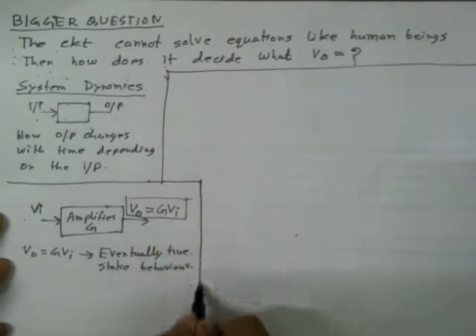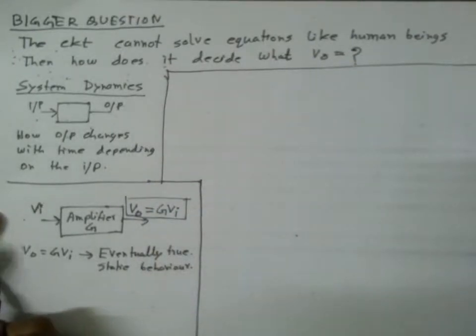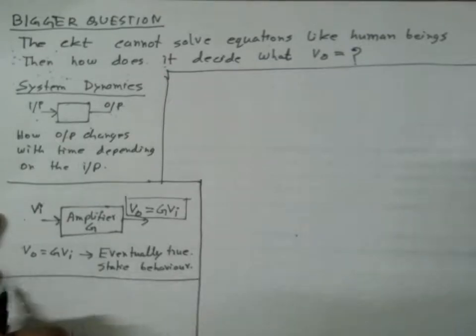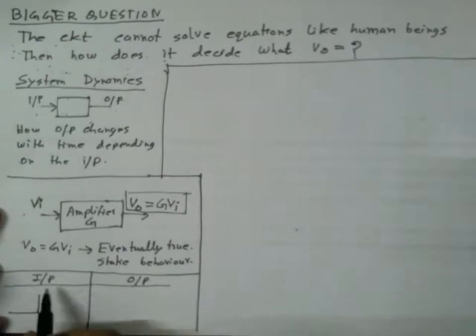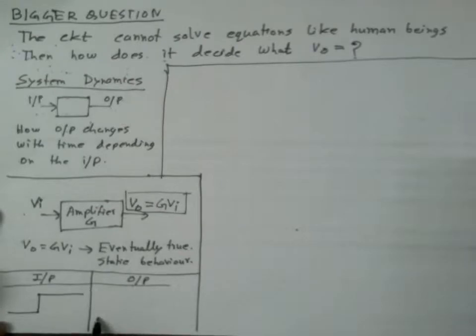But it may be possible that if I draw this input versus output, let me make a table. Say the input is initially 0 and then it goes up suddenly like a step function. Will the output also be a step function like that? Or will it have some delay and eventually go to this final value?